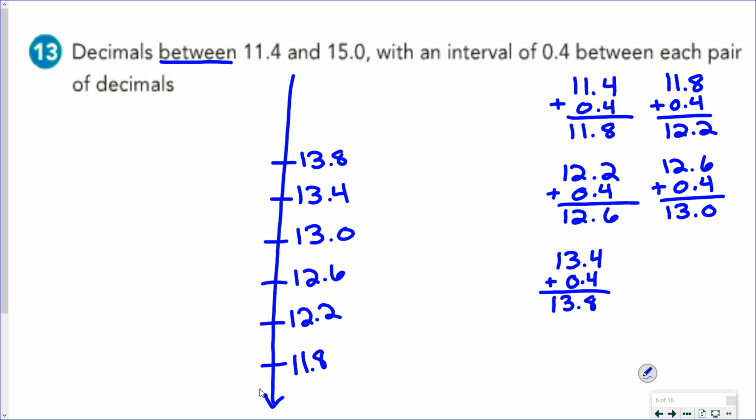And then you would add 4/10 again to get your next value, which is 14 and 2/10. And then, of course, you'd add 4/10 again to get 14 and 6/10. And then you wouldn't put 15 because you want to be between 11 and 4/10 and 15.